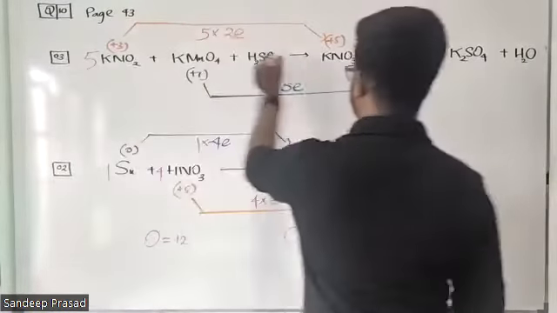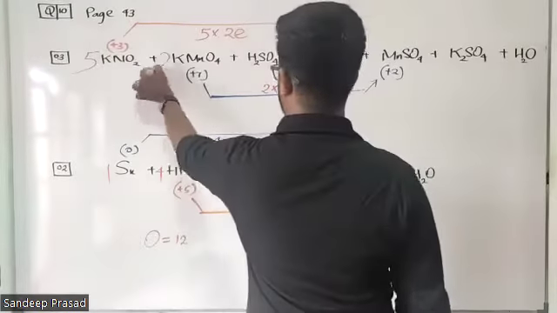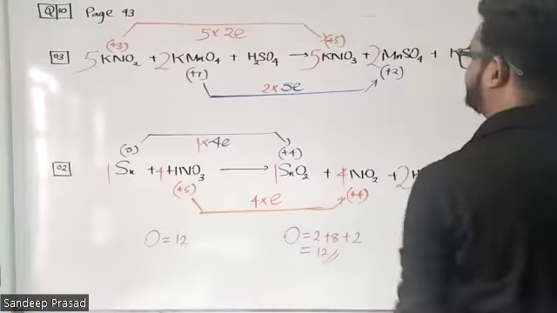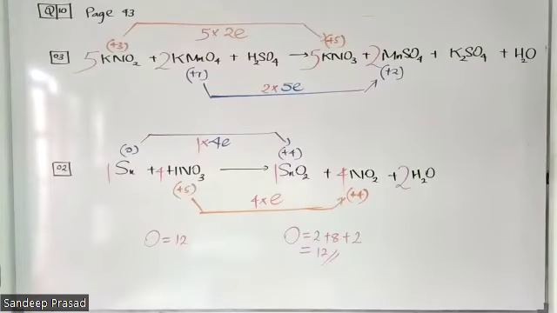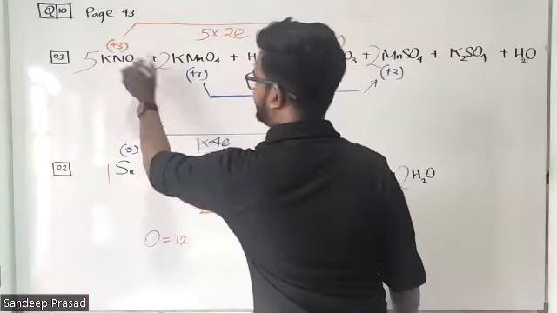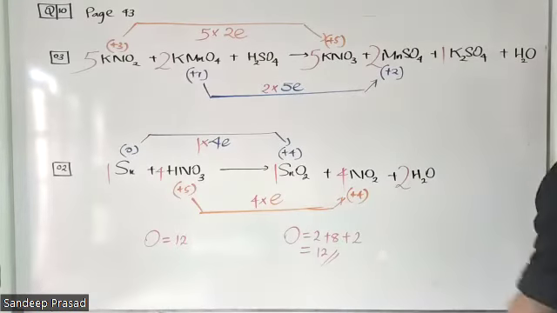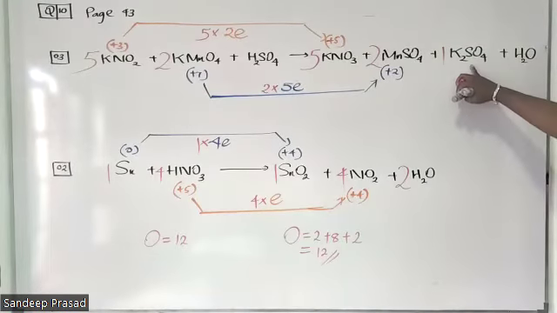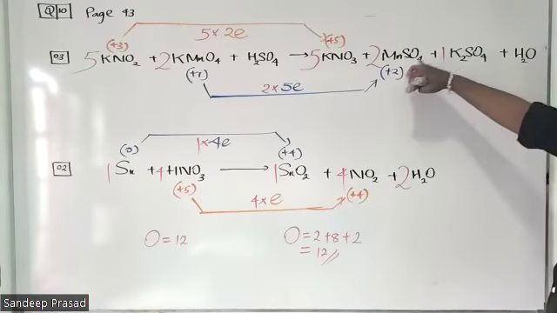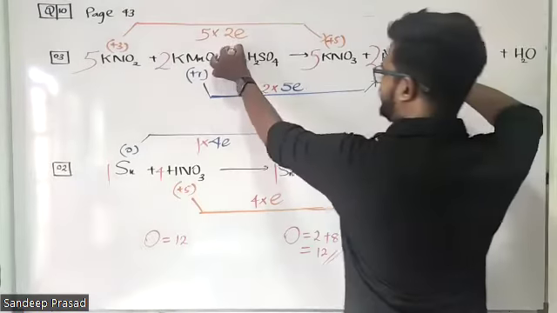Let me put here 5, 5 here, 2, 2 here. Can you see that all the potassium atoms on the left hand side are 7. Here we have 5, here we have 2, therefore 1 here. All the sulfur atoms on the right hand side: 1 here, 2 here, 3. Then let me put here 3 sulfur.